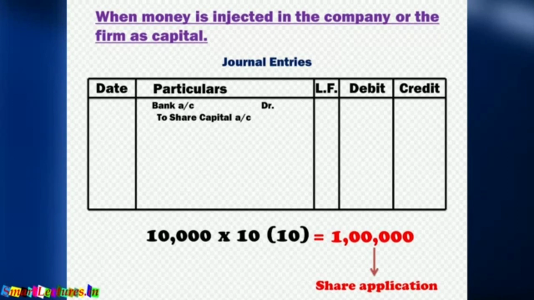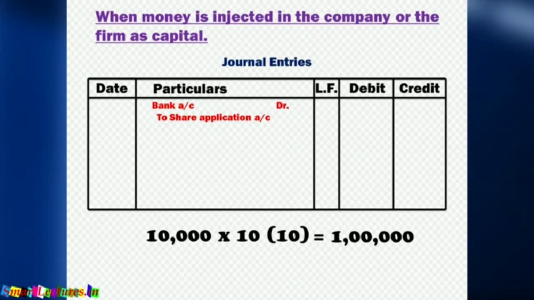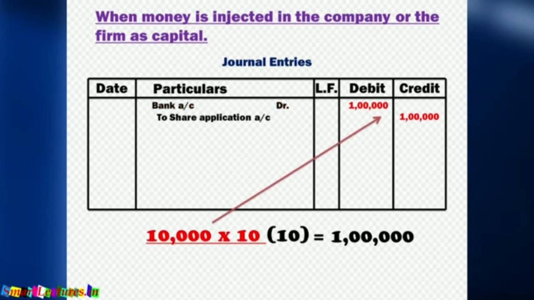So the journal entry should be bank account debit to share application. When we receive the money, we have to debit bank account. And you know how much money was received? That was 10,000 into 10 because 10 rupees came to our bank with 10,000 shares application.